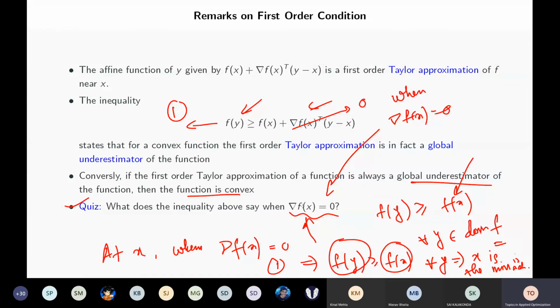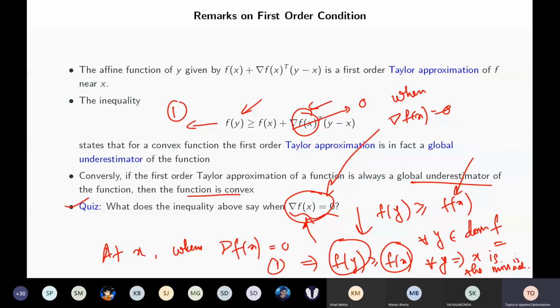It is not necessary that the gradient will be 0 for all x, we know that. But let us assume there was one x for which the gradient actually vanished. Then that is exactly the point where you will have this for all y. And if this happens for all y, that is telling us that x must be the minima, because that is the place where f(x) is taking the least of all the values.